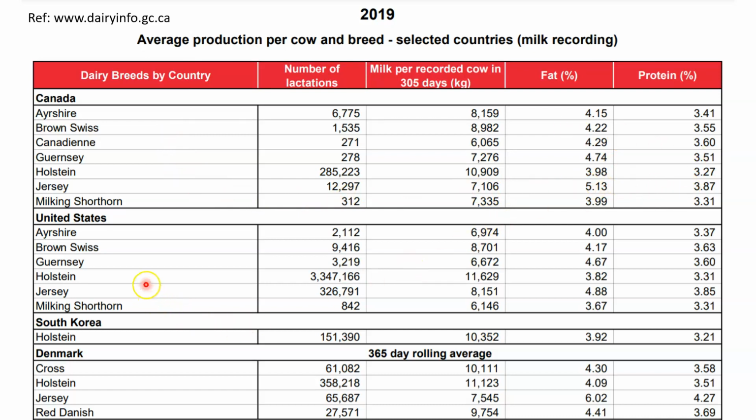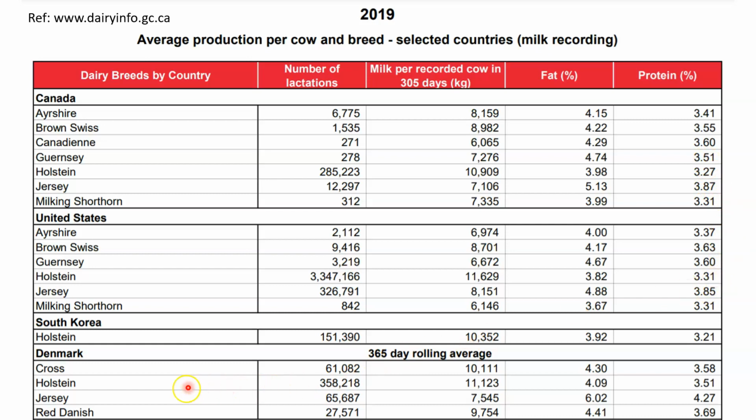In Canada, say 10,900, in the United States 11,600, so almost 700 kilos more. That's about 5 to 6% more milk. Fat is lower than in Canada, and protein is more or less the same, 3.27 and 3.31.